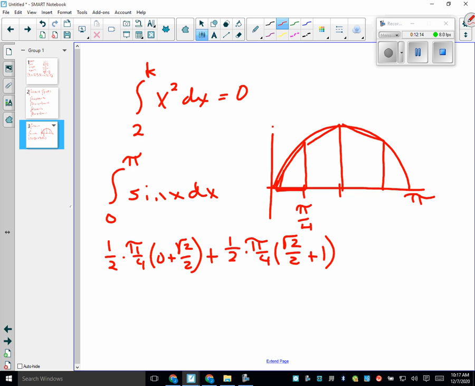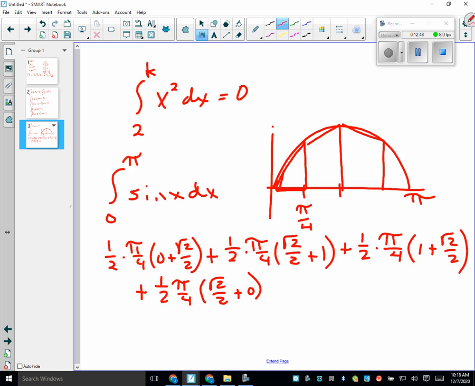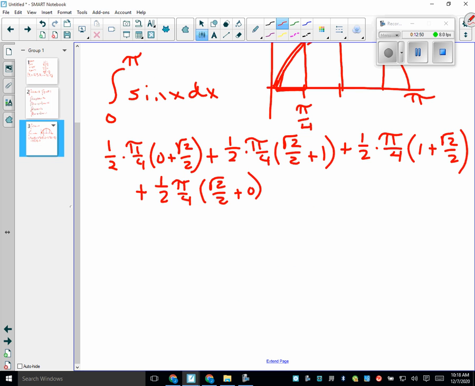Plus, my third one is 1/2 times pi over 4 times 1 plus radical 2 over 2. Plus 1/2 times pi over 4 times, isn't this again radical 2 over 2 plus 0?